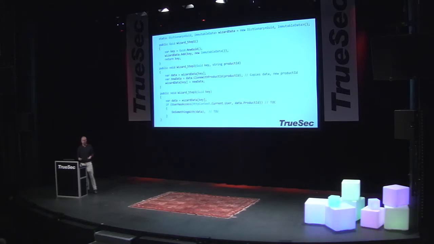We set that in our wizard data instead. Step 3 looks exactly the same, and you still have the time of check and the time of use. You can't escape that unless you have some sort of atomic operation that does this, which you probably don't have. But we're good because the data can't change; it's immutable. So we eradicated this time-of-check to time-of-use problem here.